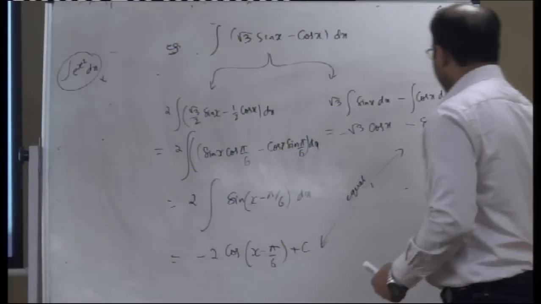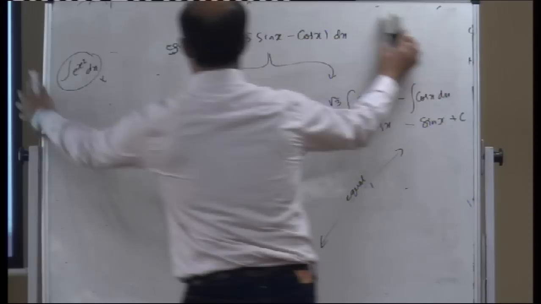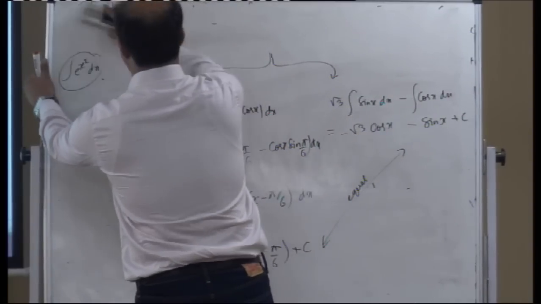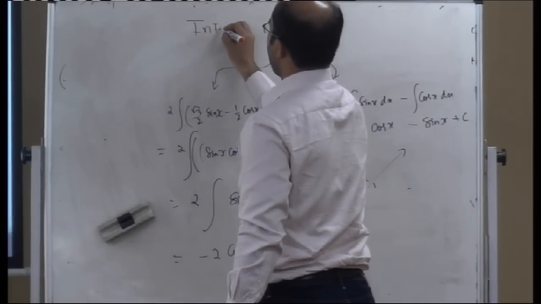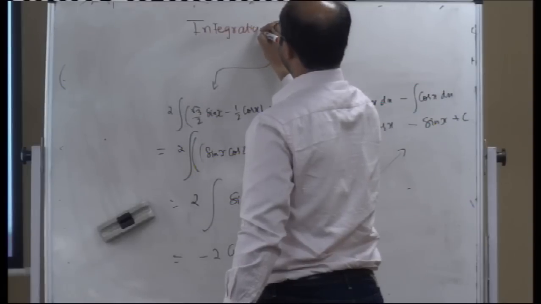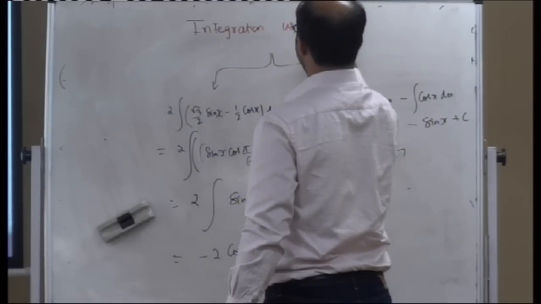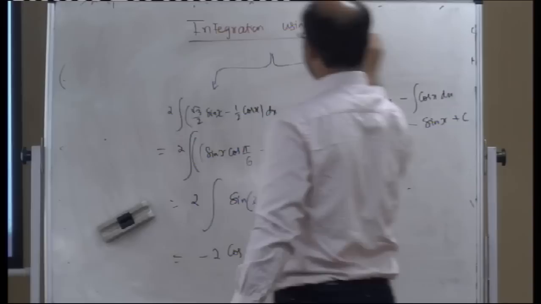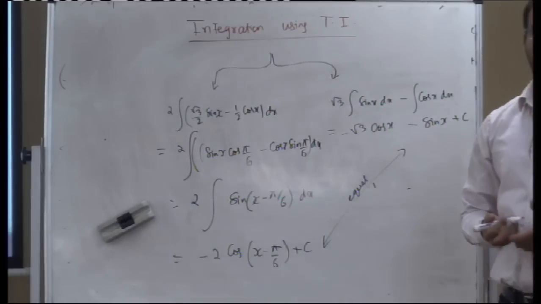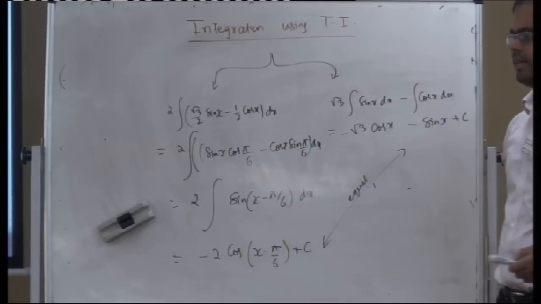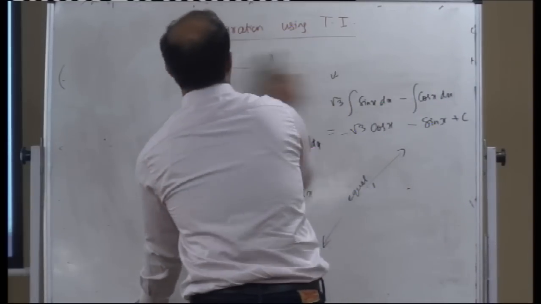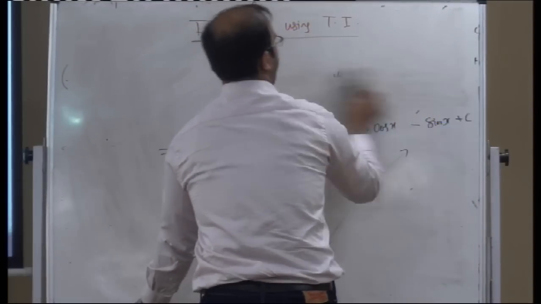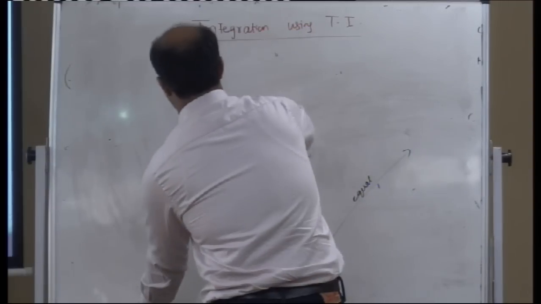Integration using trigonometric identities. Sometimes we do integration using trigonometric identities. So in short, I will recap those trigonometric identities which are quite helpful in solving integration questions. Why they are helpful, you will understand by the nature of the identity.